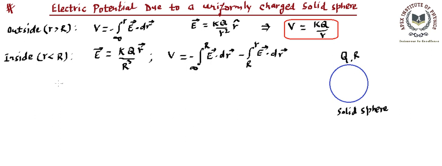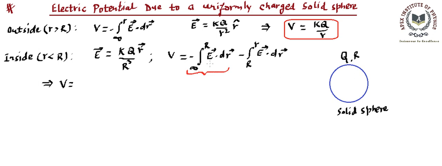Now to carry forward this integration, let's talk about the first integration first. Whatever this first integration is, it is using the field existing outside this solid sphere. So this will have the same expression as the field just outside. In this expression, if we replace small r by capital R, because the limit is now capital R, this will become the value of the first part.